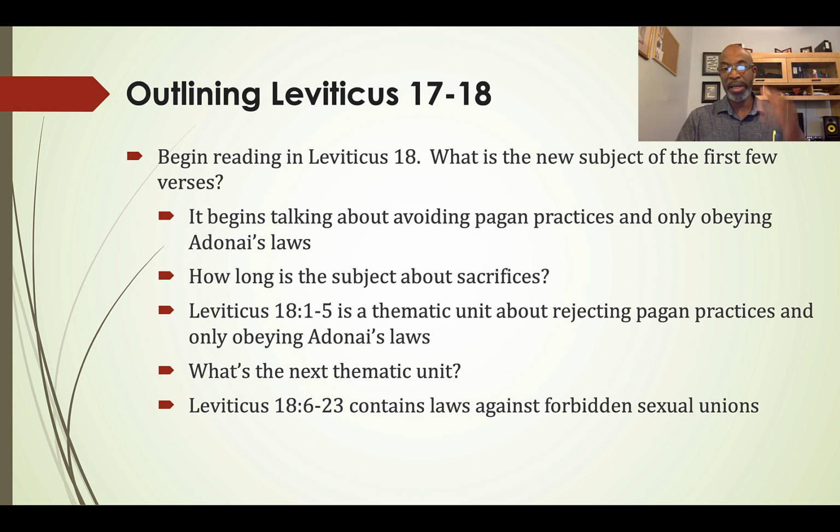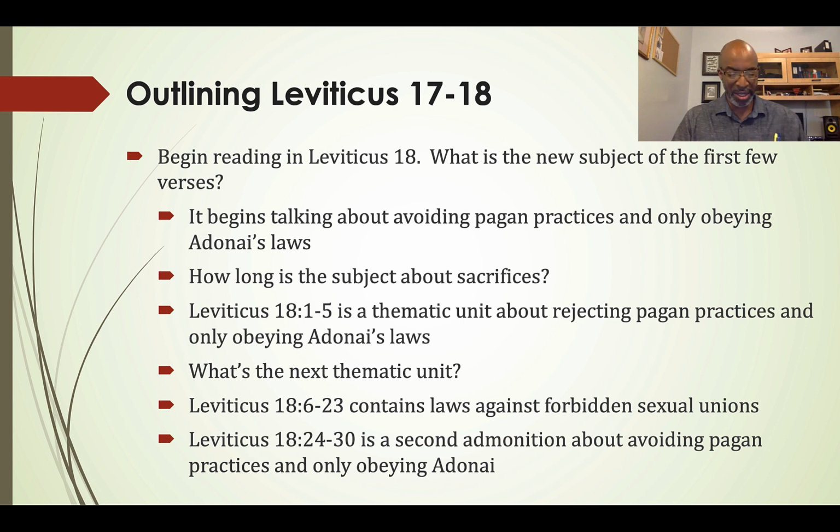What would be neat is for you, if this is your first time doing this, to practice this. Once we finish this presentation, go back and try to outline 17 and 18 yourself and see if you agree or disagree with the sections and how I divided it. I think we'll probably all come up with the same divisions. Okay, so forbidden sexual unions.